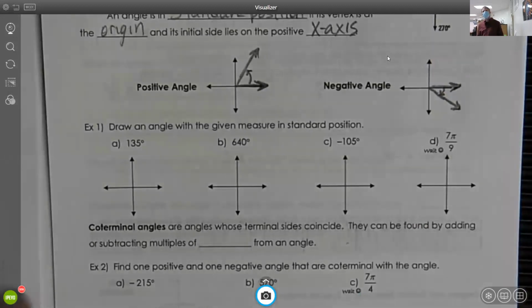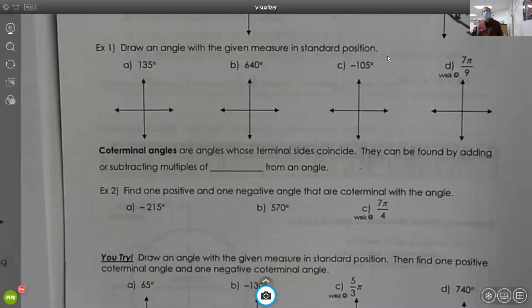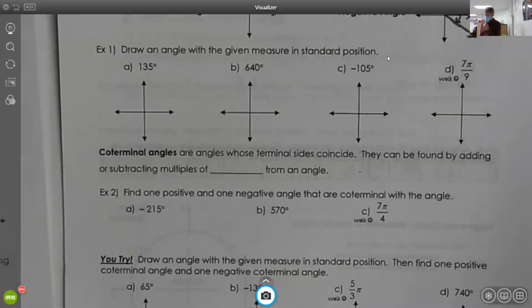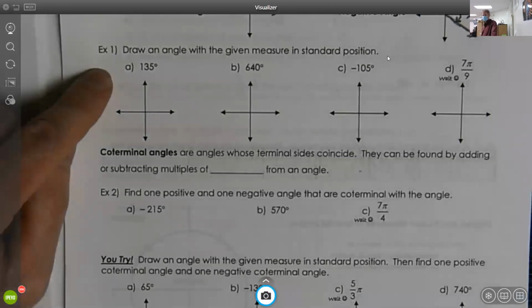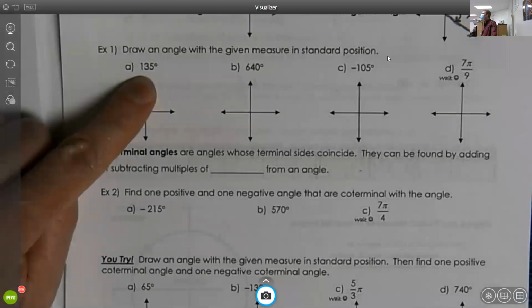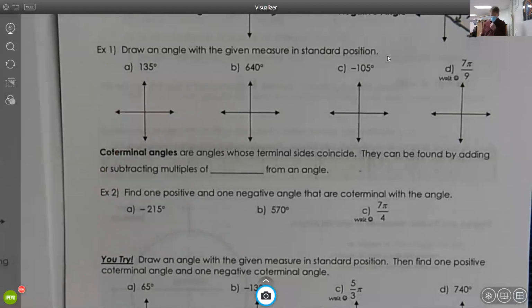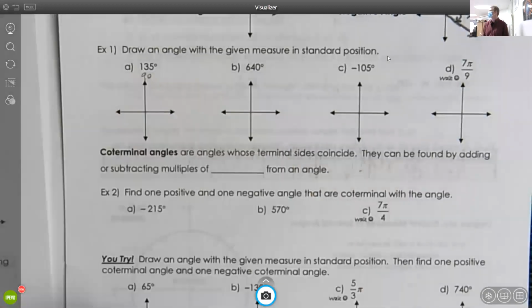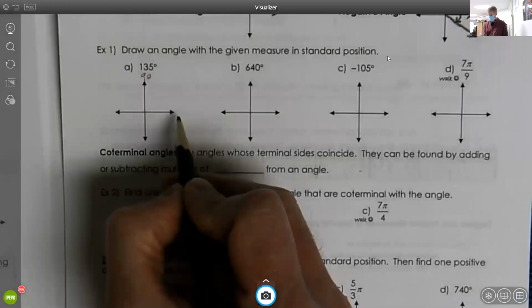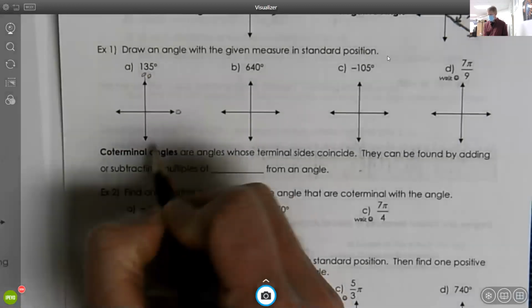So we're going to practice drawing out a few of these. Okay, we're going to draw an angle with the given measure. We have 135 degrees. Well, we know that 90 degrees is straight up. If this is 0 over on the side, we know 90 is straight up.